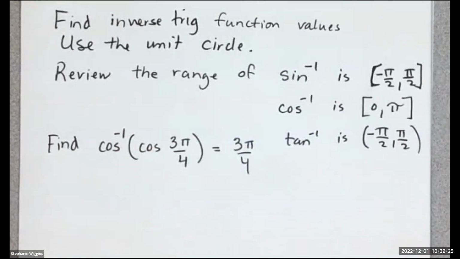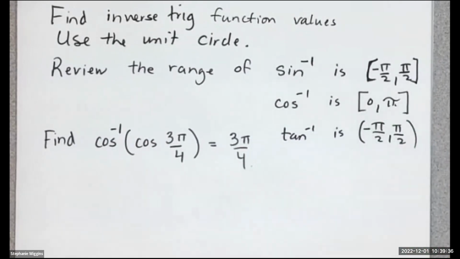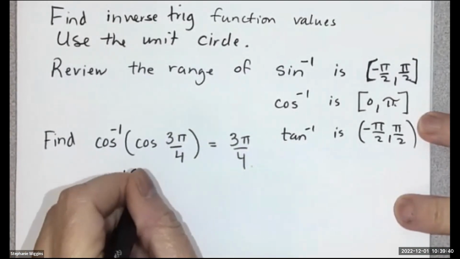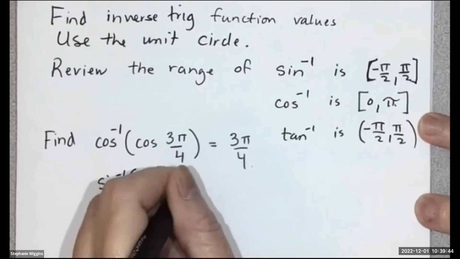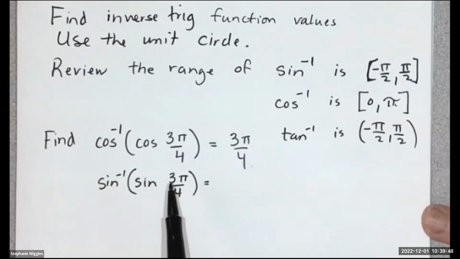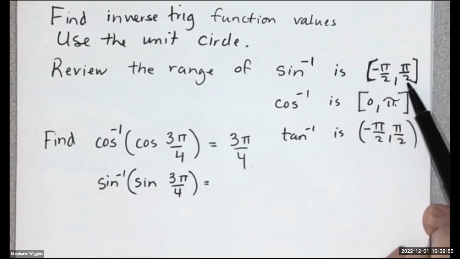Well, be careful. Actually, in this example, 3 pi over 4 is the answer because it's from 0 to pi. But let's suppose this had been sine inverse of sine of 3 pi over 4. It's not 3 pi over 4 because this is not between negative pi over 2 and pi over 2.